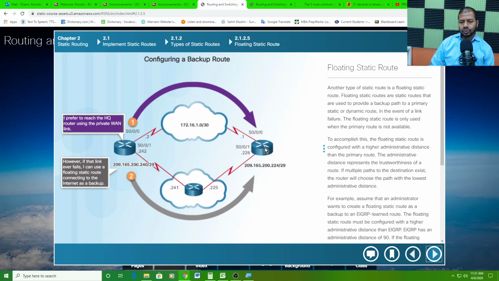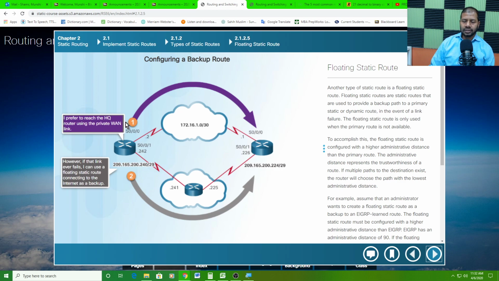This second path, the bottom path, is not your preferable path, but a backup route in case the top connection, the purple connection, goes down. So you can create a manual entry for this route and put an administrative distance higher than whatever the top route has.